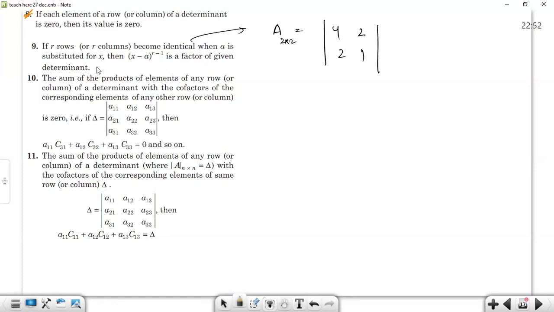So there are particular variables in the determinant.